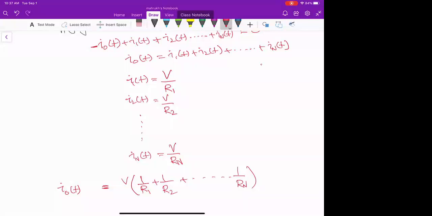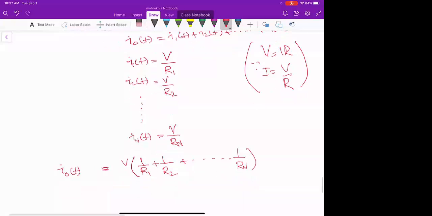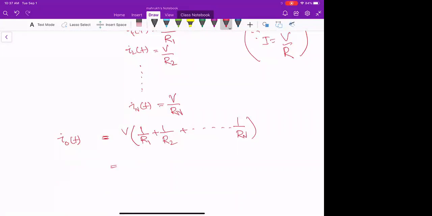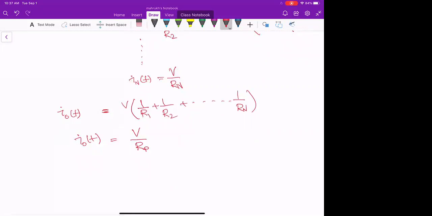I get this because we know that V is equal to IR, so I will be equal to V by R. So this will be equal to V by Rp, I naught of t, where Rp is 1 over R1 plus 1 over R2 plus 1 over Rn.